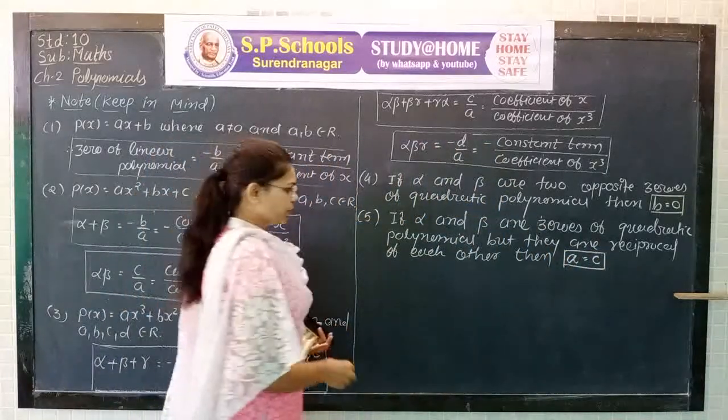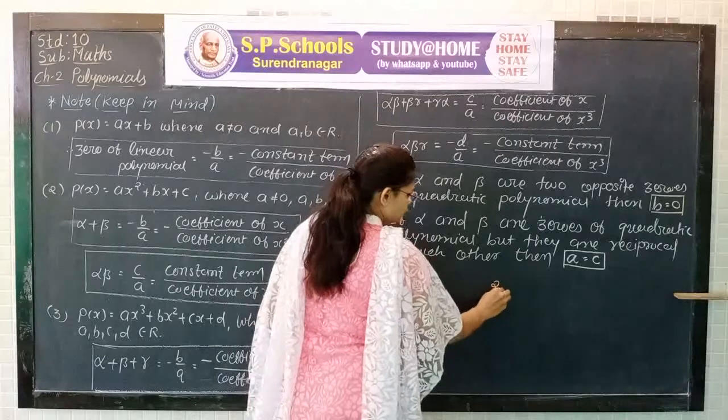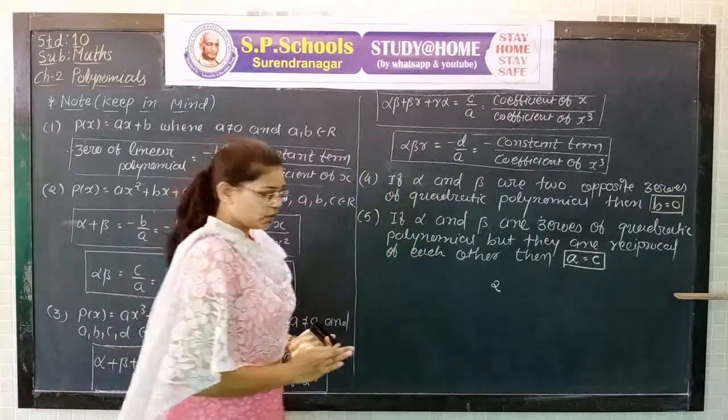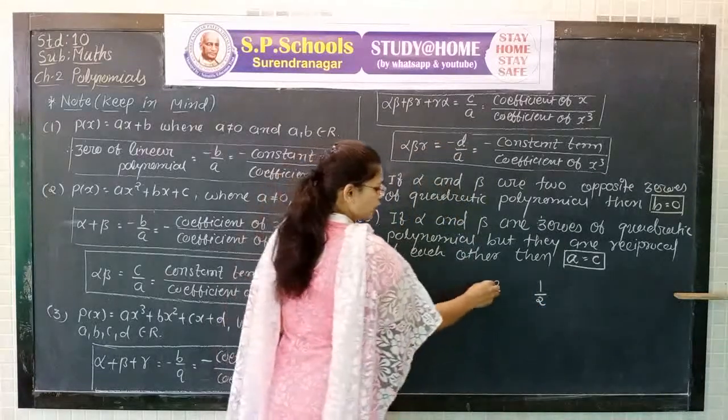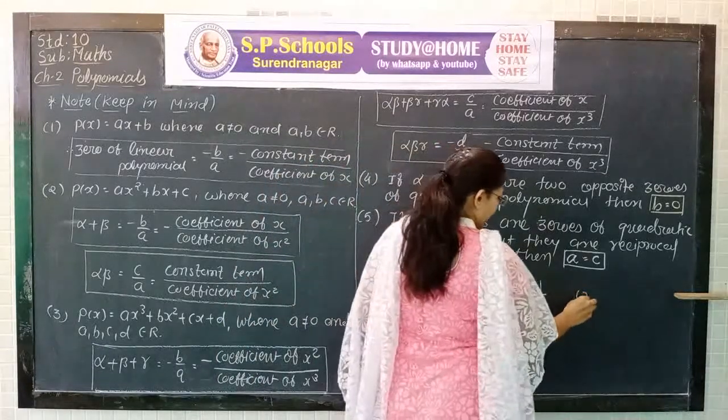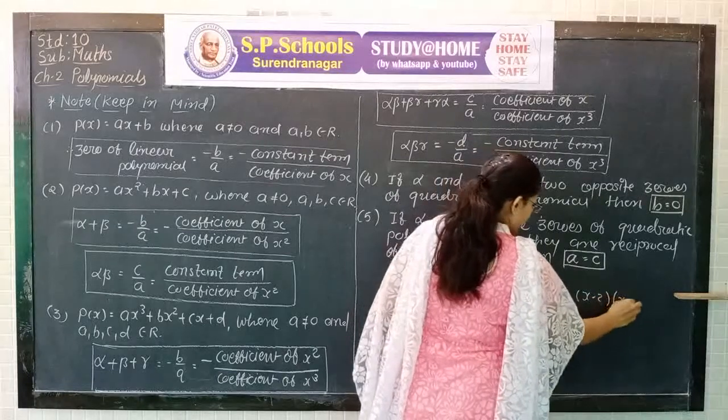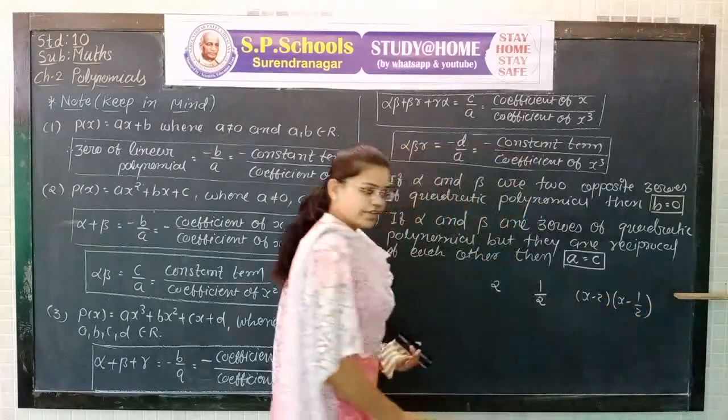Let's see the example. If one zero is 2, the reciprocal of 2 is 1 upon 2. 2 and 1 upon 2 are zeros, then x minus 2 and x minus 1 upon 2 are two factors.